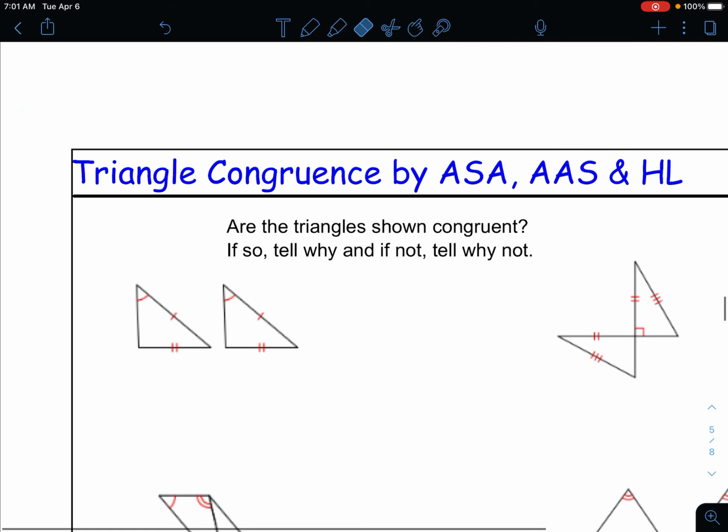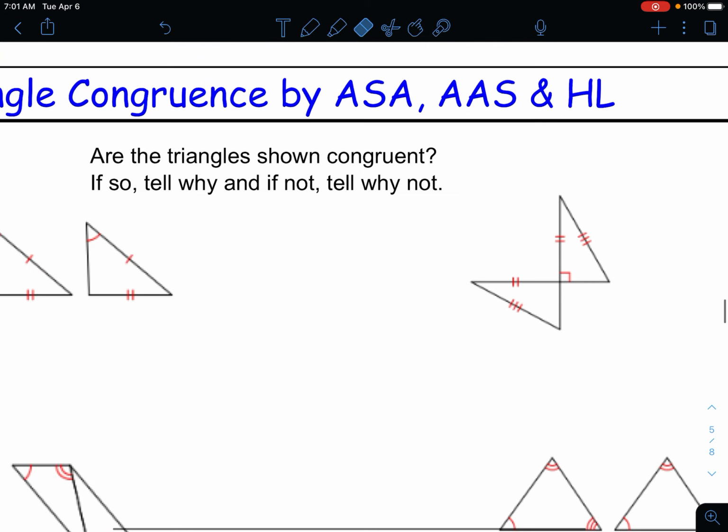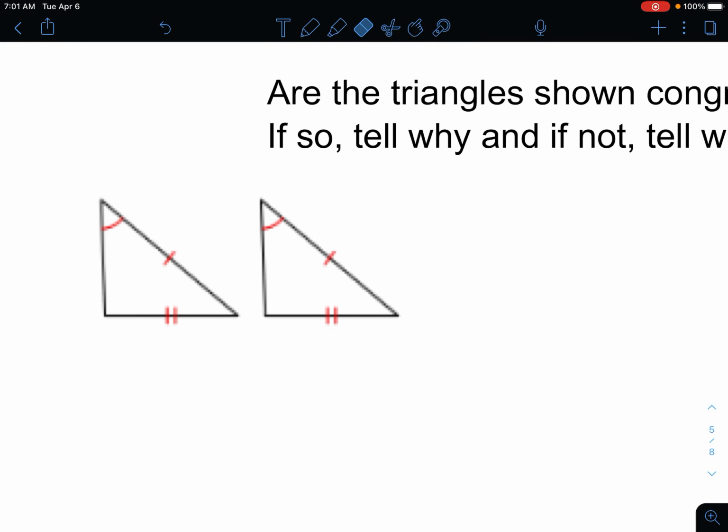Are the triangles congruent, yes or no? I don't like this first example, but we'll talk about it. Well, I do like it, I guess. One, are they congruent? Well, what do we have? We have a side, an angle. Do they give us the 90 degrees? And the answer is no, there's no box. So these are not congruent.